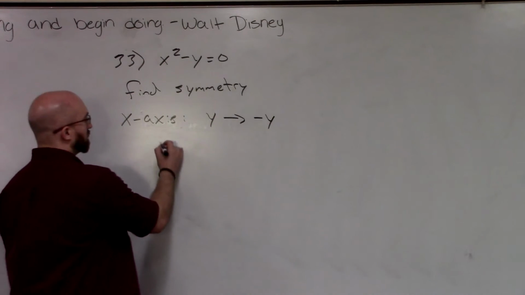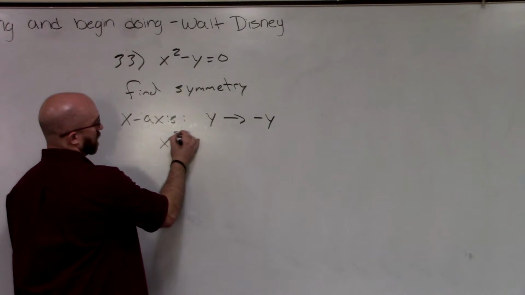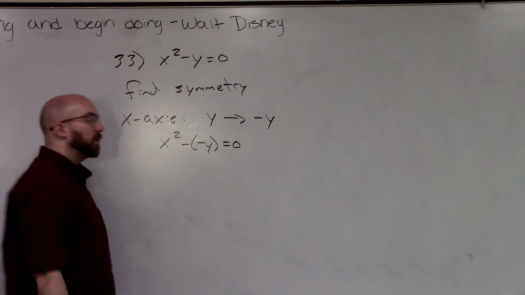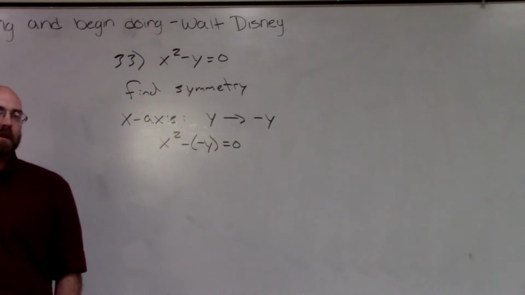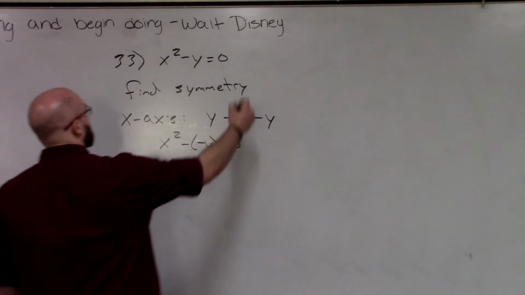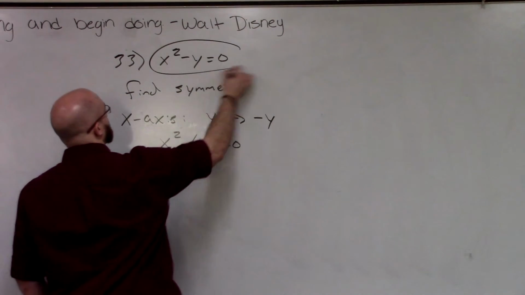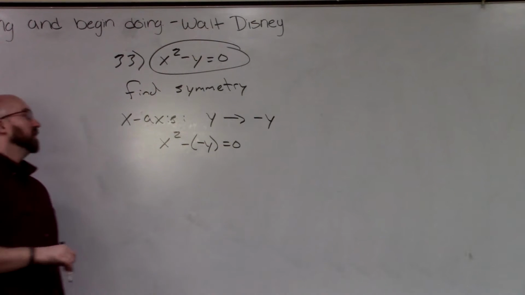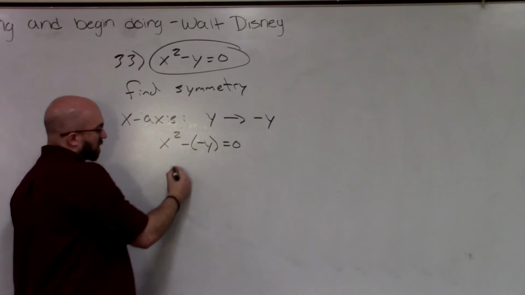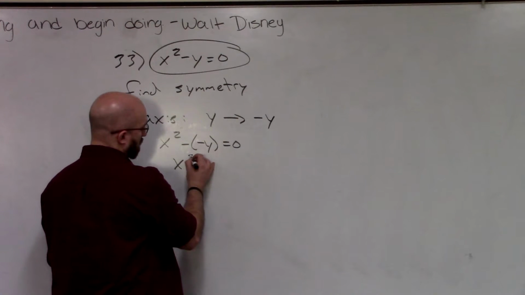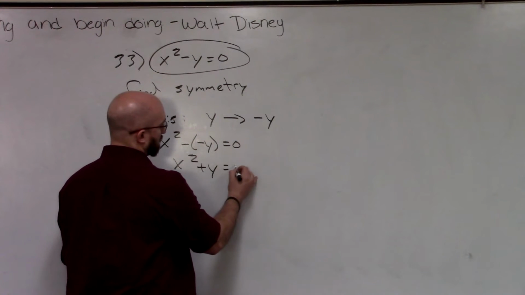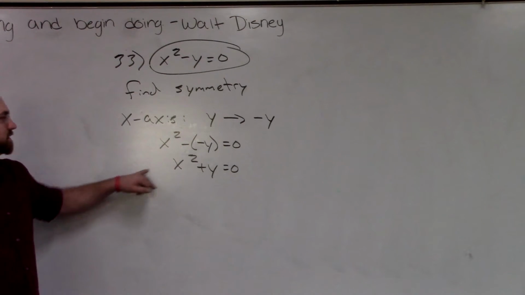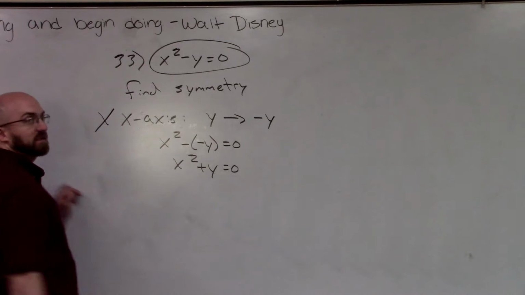It looks like this: x squared minus a negative y. The only way it's symmetrical is if it equals the original equation again. It has to look just like it. Well, let's do some math real quick. We get x squared plus y equals 0. There's no way that looks like the original, so it's not symmetrical across the x-axis.